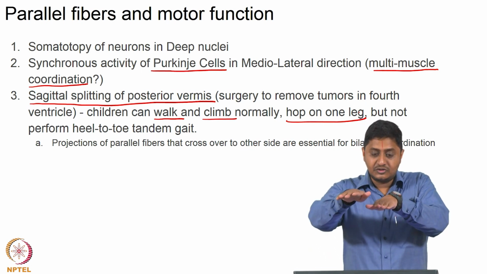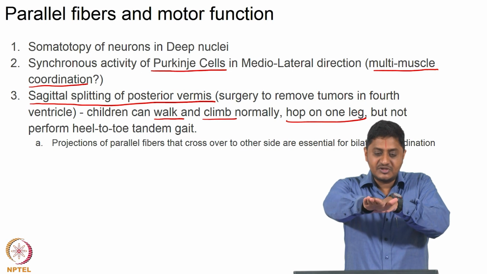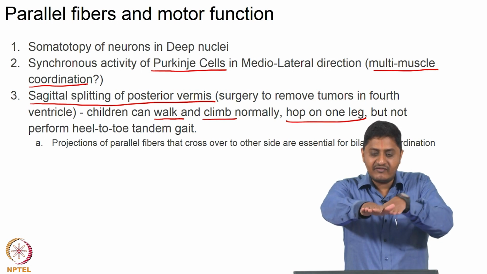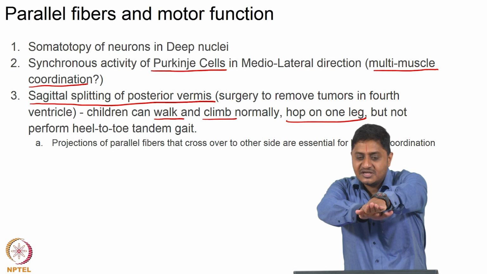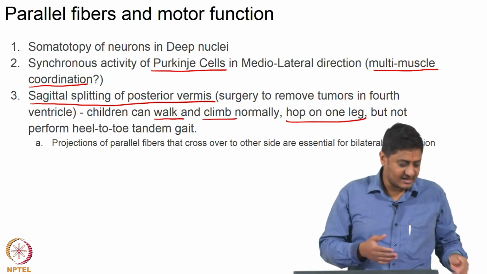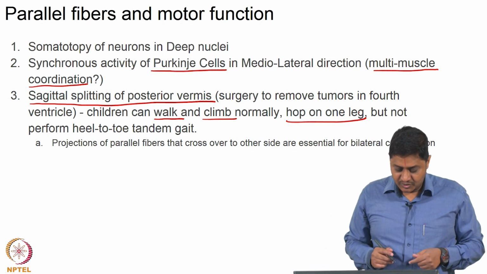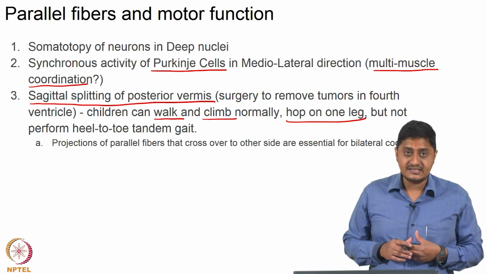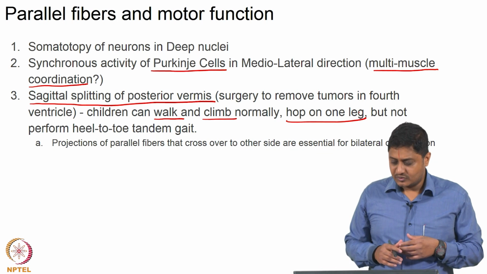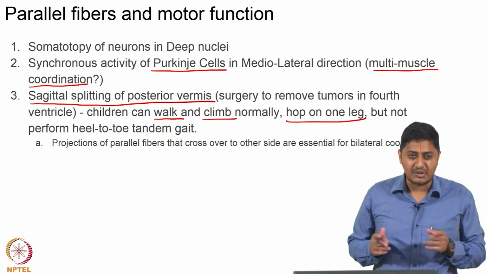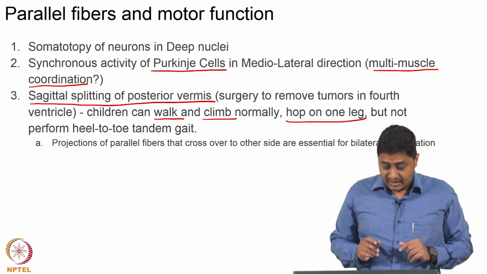So, the toe of one leg must meet the heel of the other leg and then the toe of that leg must meet the heel of the other leg. This is called heel to toe tandem gait. So, this is a task that requires two side coordination or bilateral coordination.